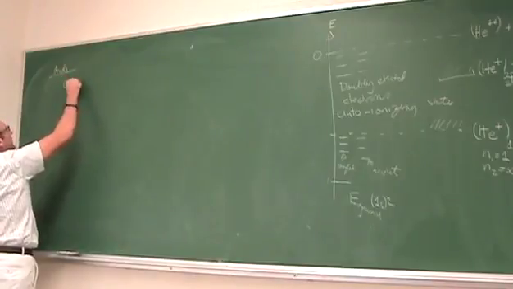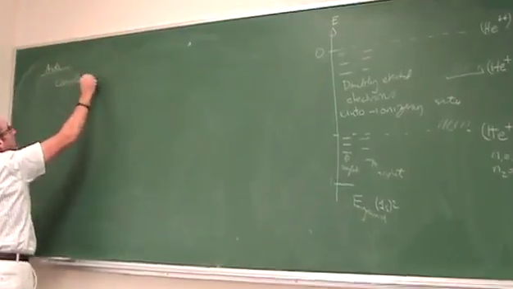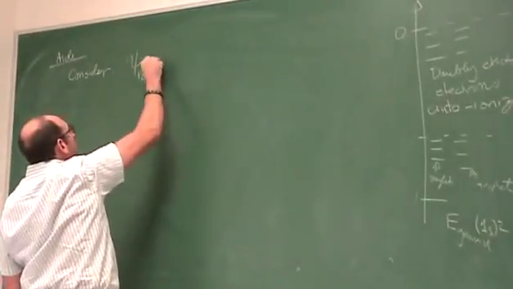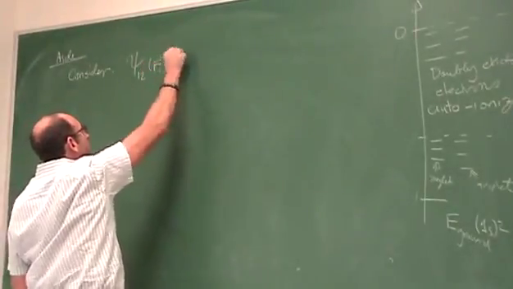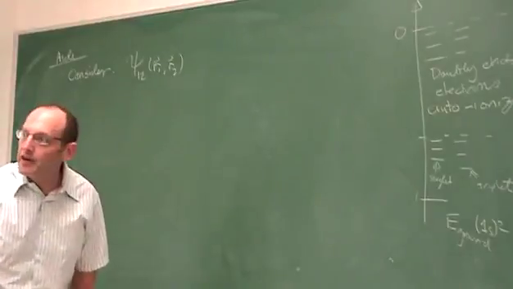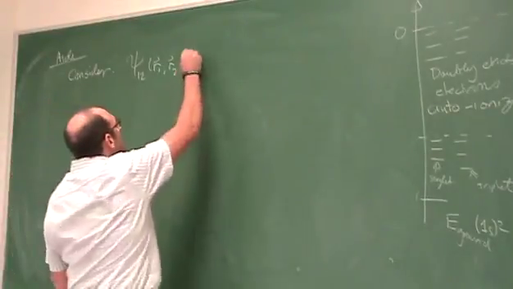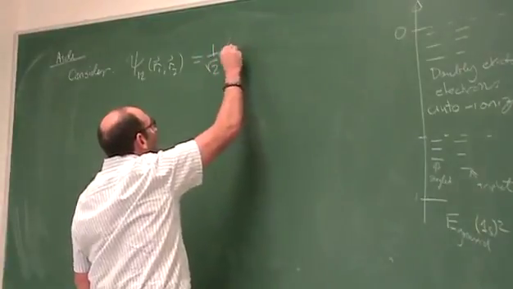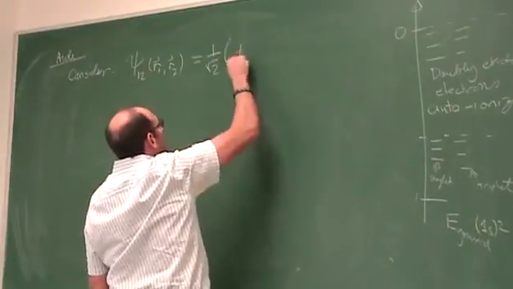Let me consider a joint wave function, the spatial wave function of the two coordinates, which is either symmetric or antisymmetric.